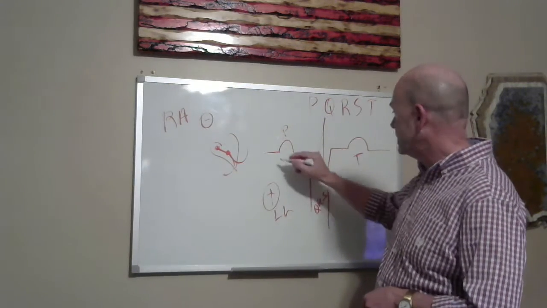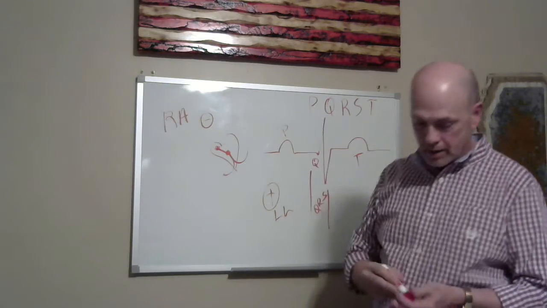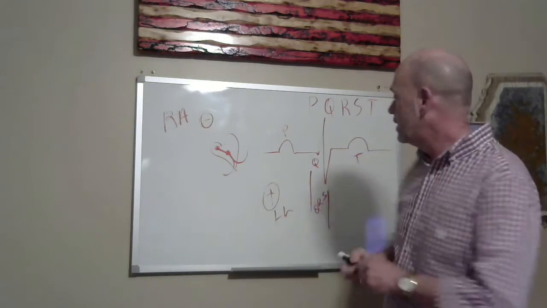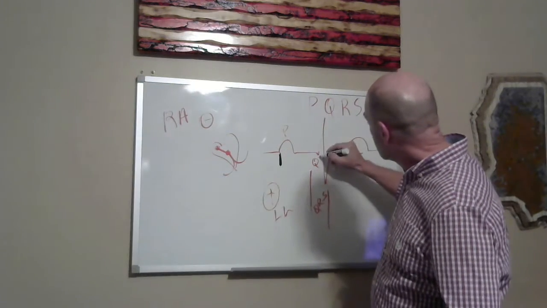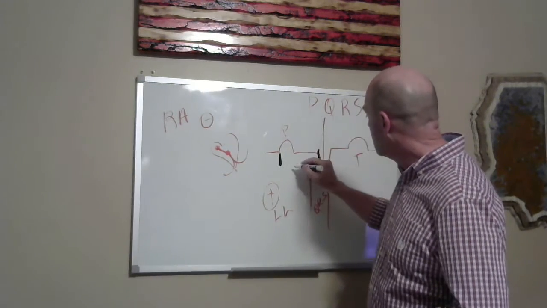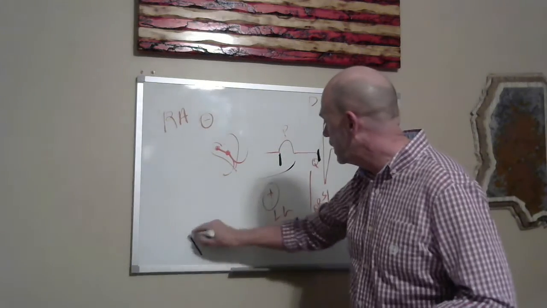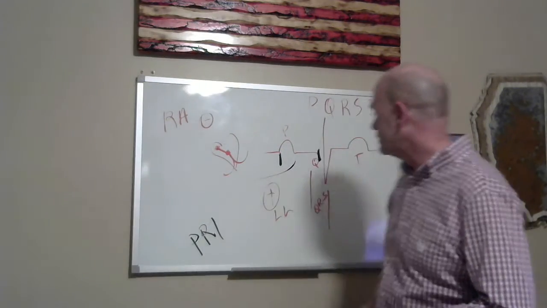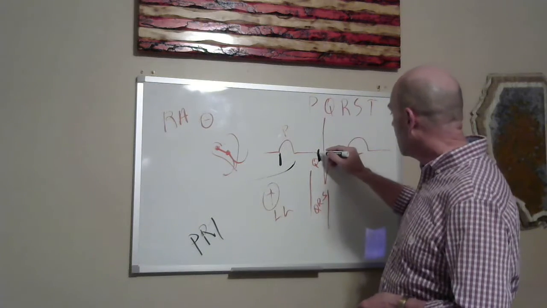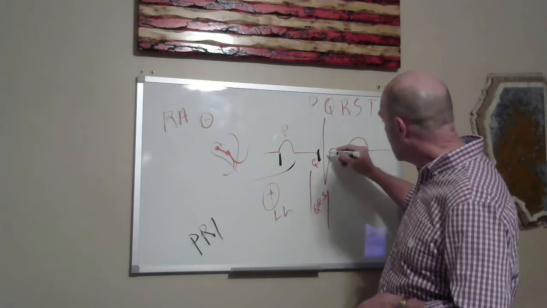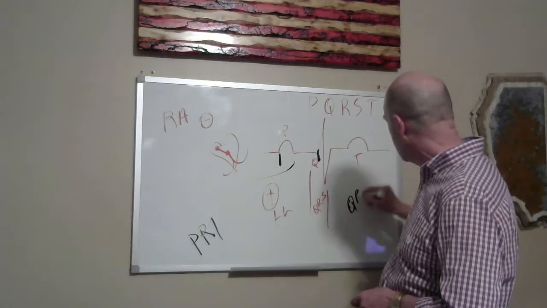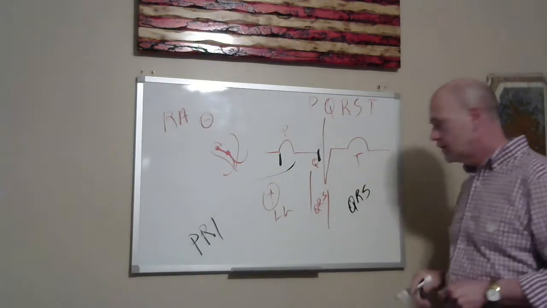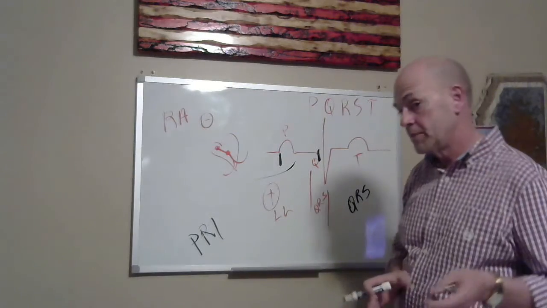There are some segments in here. The beginning of the P wave to the beginning of the QRS is the PR interval. The beginning of the Q wave to the end of the S wave is the QRS complex. That is the entire ventricular depolarization.